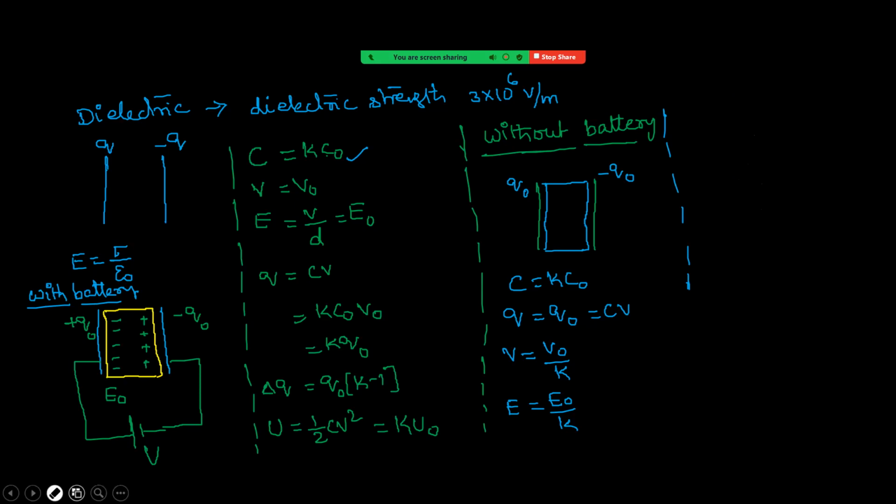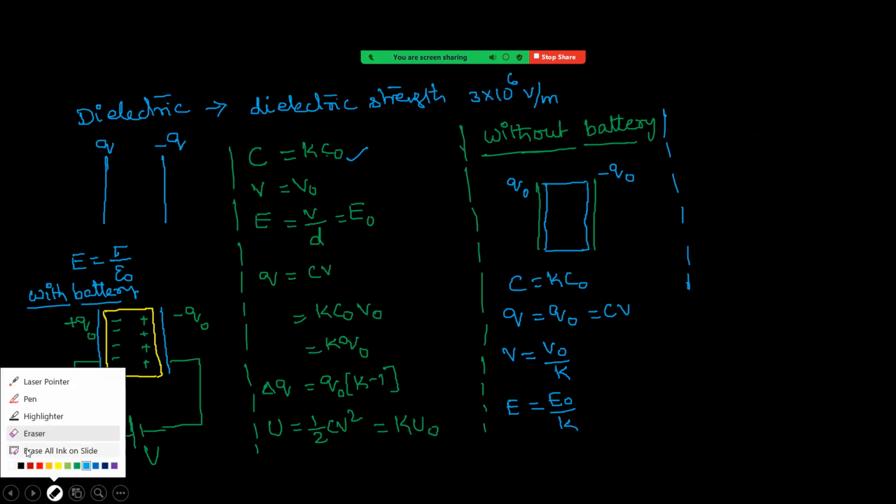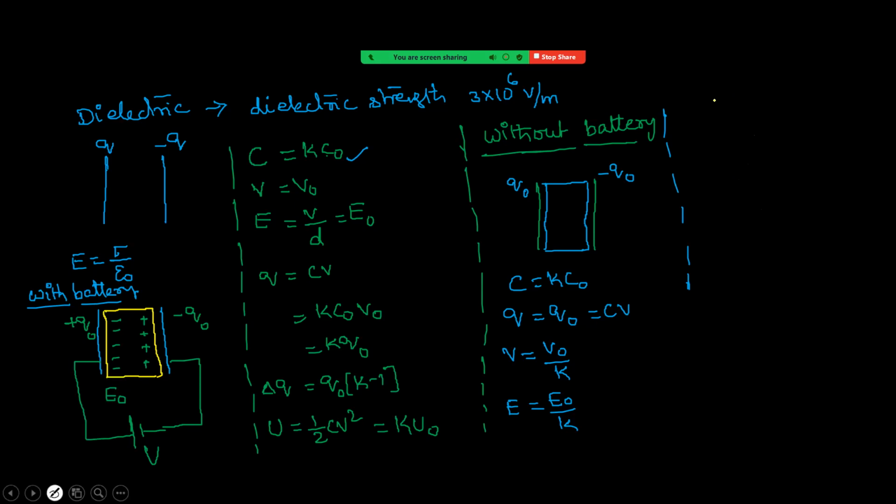Relation between induced charge. Now let us derive the relation. So here charge is Q naught, and see how much charge has been induced on the dielectric substance. We are seeing some charge is now induced here. It is a minus and this is a plus.